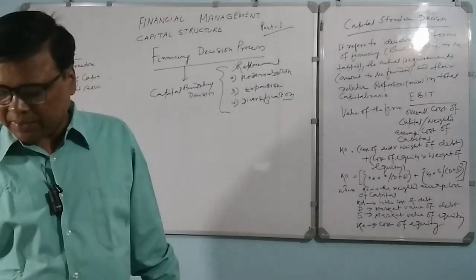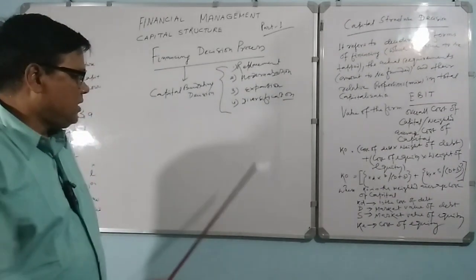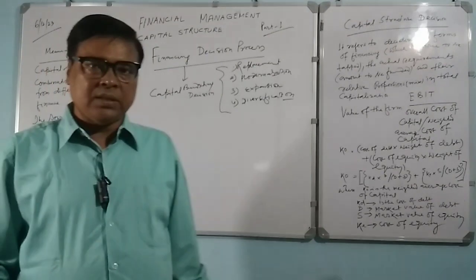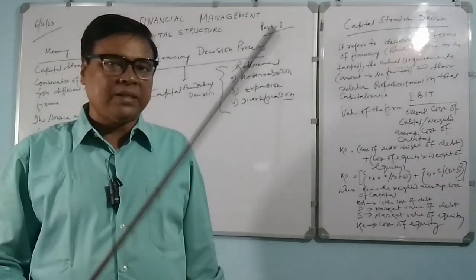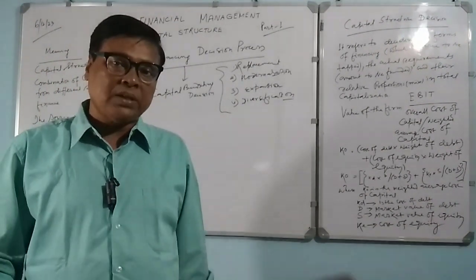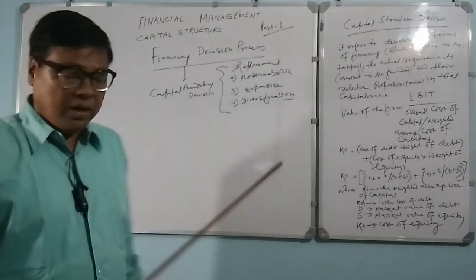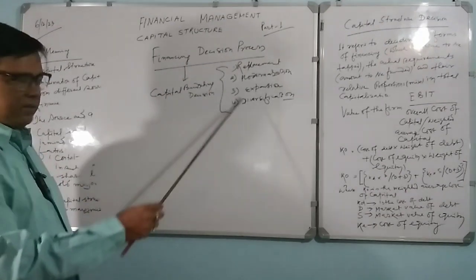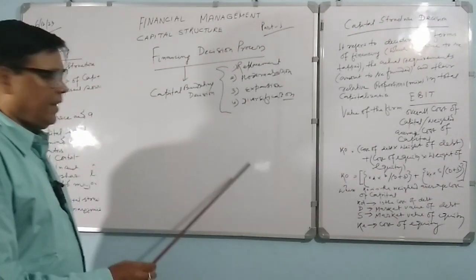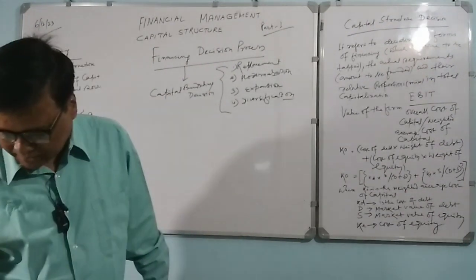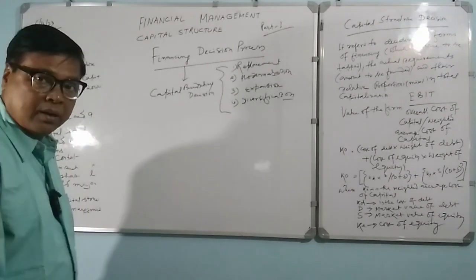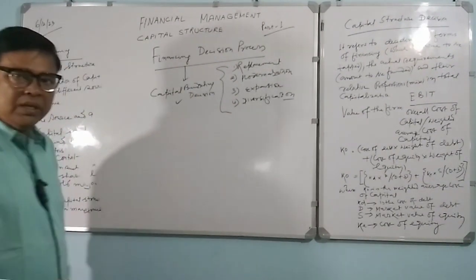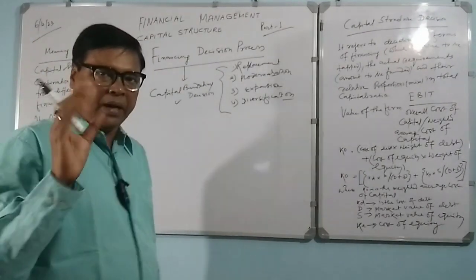So you have to make many diversifications. Once you are diversifying, your old line of fixed capital expenditure will not serve. You have to establish a new line of machines, a new line of setup. So in every situation, whether it is replacement, modernization, expansion or diversification, you need funds, and you have to arrange for that. So this capital budgeting decision is a very vital part.